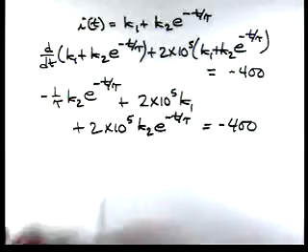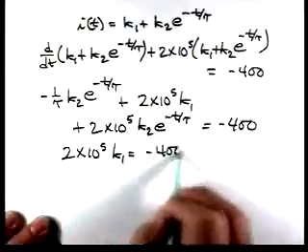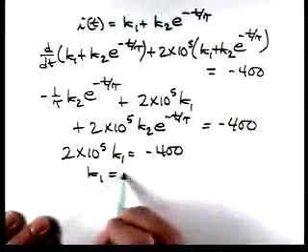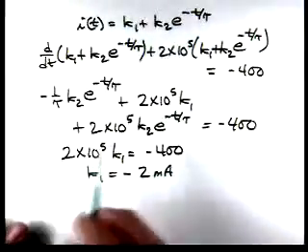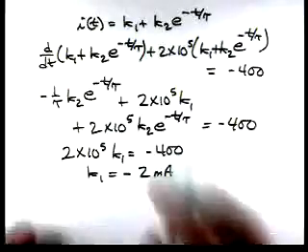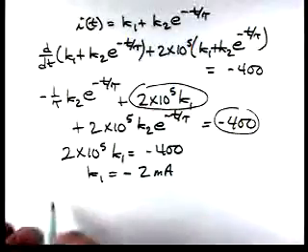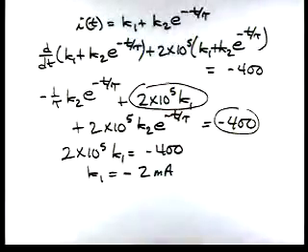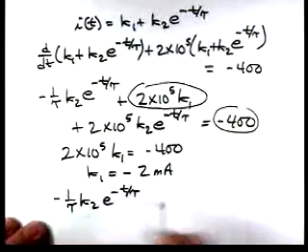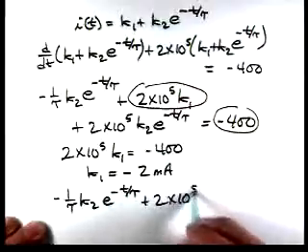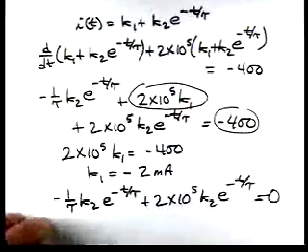If we look, 2 times 10 to the 5th k1 has to equal minus 400. So k1 has to equal minus 2 milliamps, and that's equating these two terms. Then we have minus 1 over tau k2 e to the minus t over tau plus 2 times 10 to the 5th k2 e to the minus t over tau has to equal 0.